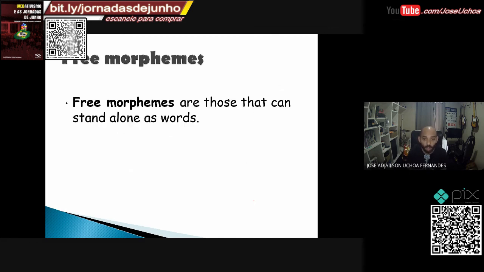Now, in opposition, free morphemes are those which can stand alone as words. If you look up the dictionary, you will find these morphs as words or very subtle, very minimal adaptations of that morph as a word.